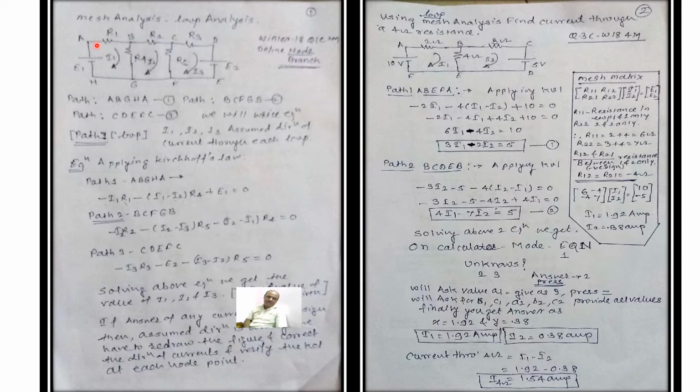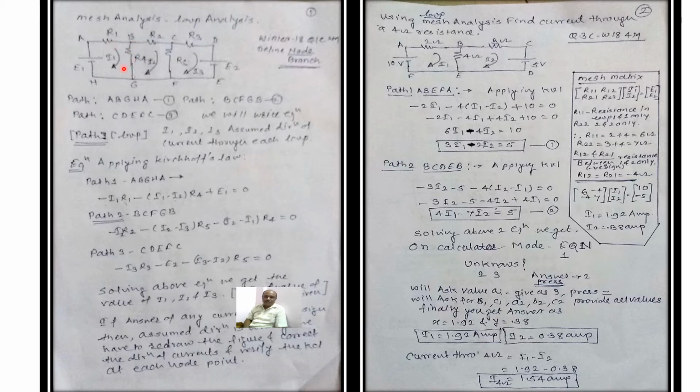When we start from A to B, the very first condition is that we assume the direction of current. Initially we assume the direction of current like this and like this. This is always an assumed direction, not the true direction of the current.